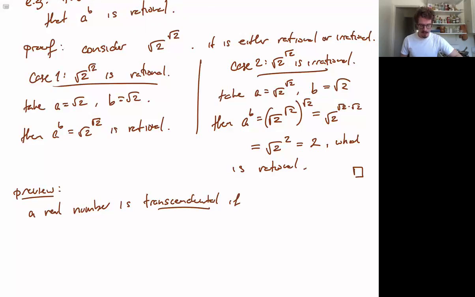So this is a slightly non-constructive proof where we gave two examples and proved that one of them works, but we don't know which one. But I just want to give a little preview: there are much wilder examples like the following. A real number is transcendental if it is not a solution to any polynomial with rational coefficients.